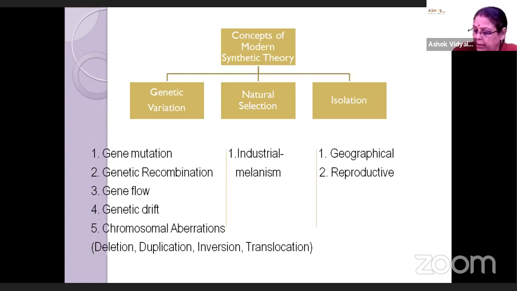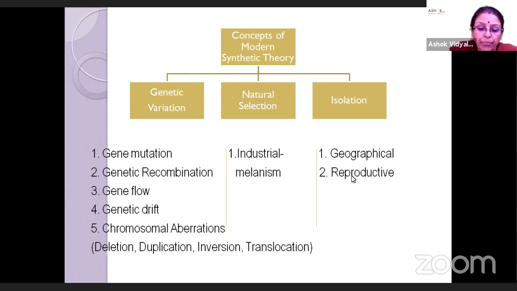Now the third part is isolation. Now this isolation is what, students? Separation. So isolation can be of two different types. One, because of the geographical conditions, we call it geographical isolation. That is, the populations are separated because of a river, because of a mountain, etc. And the other can be reproductive.